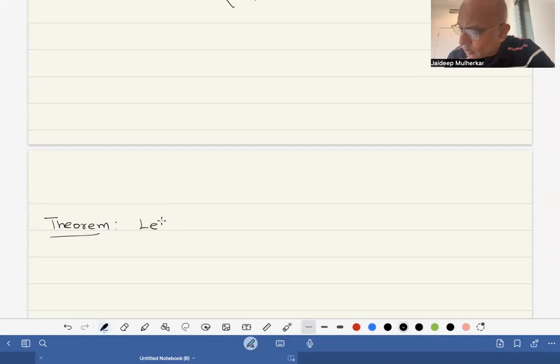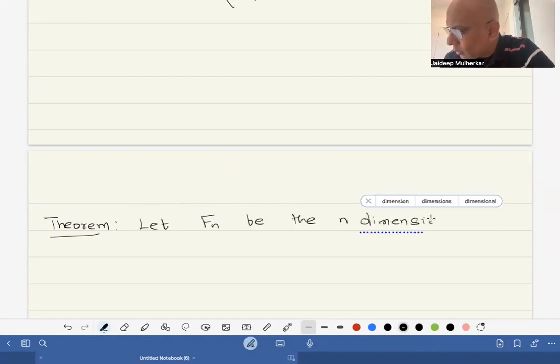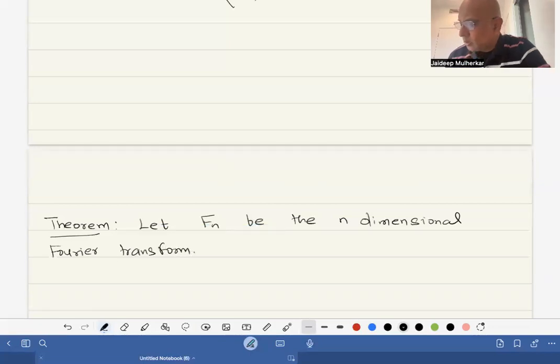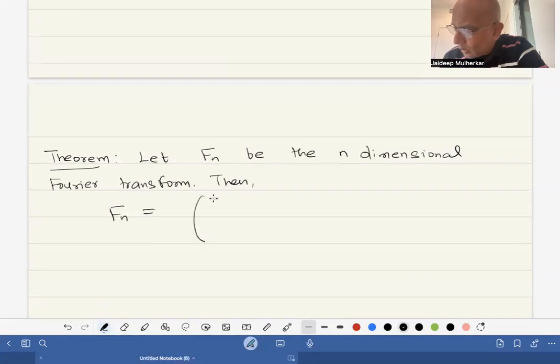The theorem is: let Fn be the n-dimensional Fourier transform, then Fn is equal to, you can decompose it as these blocks: Fn/2, Dn/2 Fn/2, Fn/2, minus Dn/2 Fn/2.